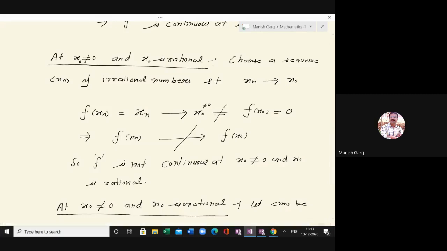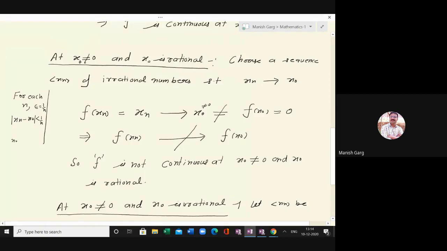Does it exist or not? Yes. You can find it in this way. For each n, and epsilon equal to 1 upon n, there exists this type of sequence. So this sequence x_n converges to x naught.